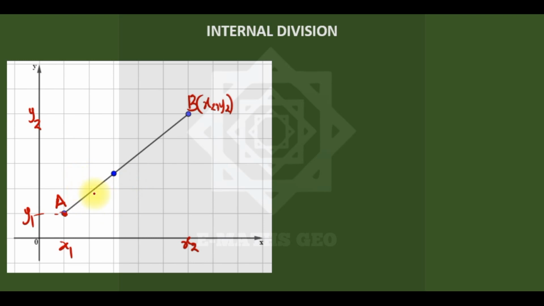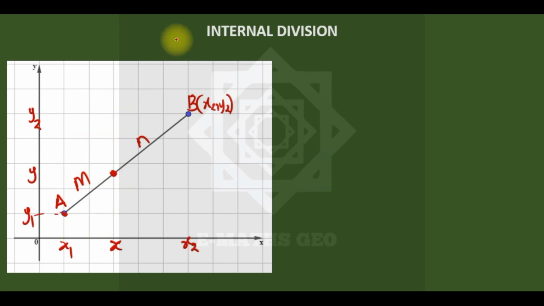So assuming we divide AB in the ratio m:n, and this is the point, we want to get the coordinate of the point that divides that line in that ratio. So let's call it x and y.